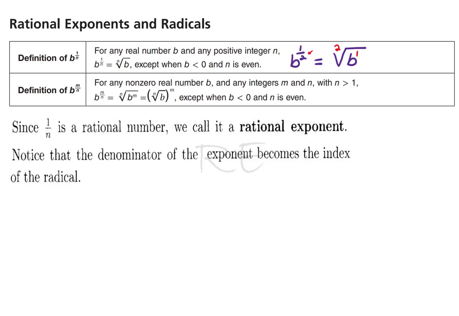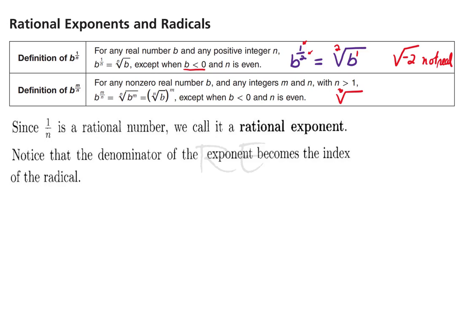The denominator of the fractional exponent becomes the index, and the numerator becomes the exponent of the radicand. Now, if b is less than 0 and n is even, for example, square root of -2, then the square root is not a real number.